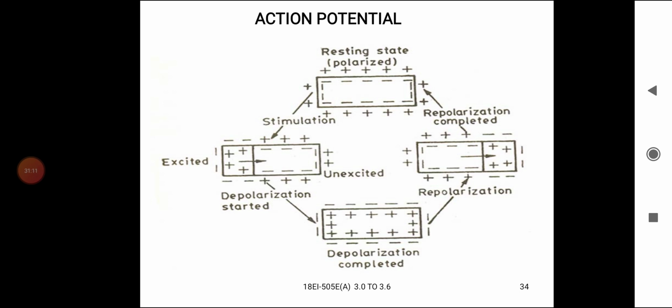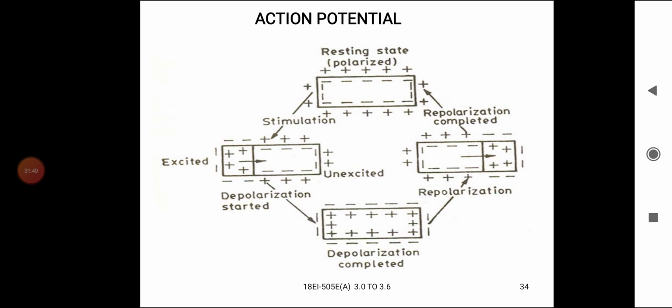When stimulation occurs, some of the outside cells excited become negative, remaining are positive. Inside, the excited portion is somewhat positive, remaining is negative. The unexcited state has a negative inside.